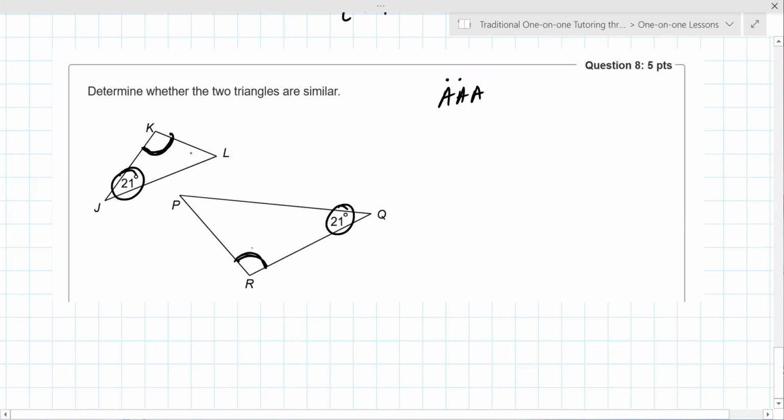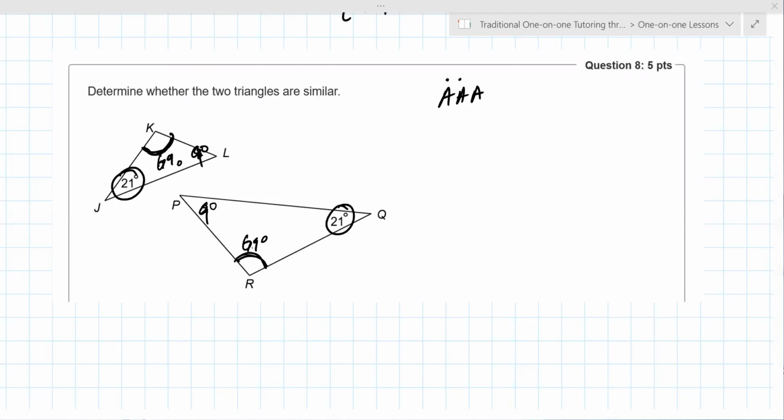Now pretend this angle measure is 79. Do you see how the third angle measure has to be the same as well? Because it would be 80. But if I change this to 69, then this is 90, but they're still the same. So all three angles are always going to be the same.